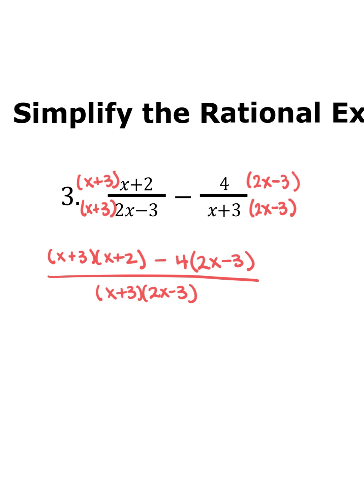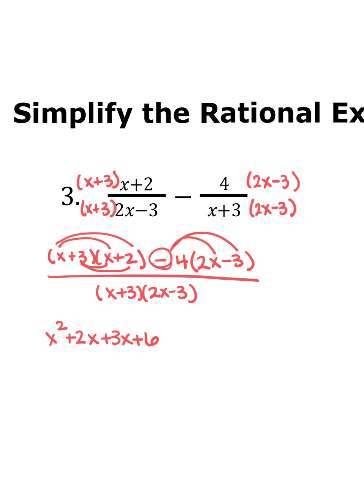So for that first part, we're going to distribute it out, double distribution, FOIL, whichever way you want to look at that. But we talked about this. We're going to take the x and multiply it by both things. We're going to take the 3 and multiply it by both things. So I'm going to end with x squared plus 2x plus 3x plus 6. And then I'm going to distribute this negative 4 to everything. So be careful when you have that subtraction sign.